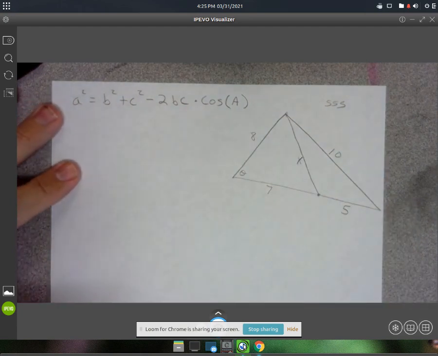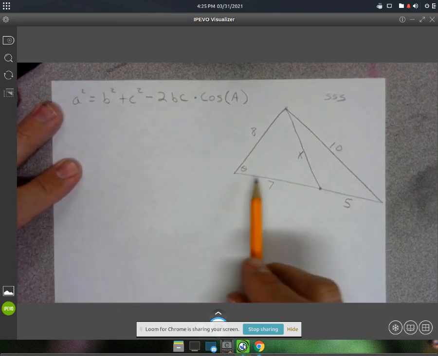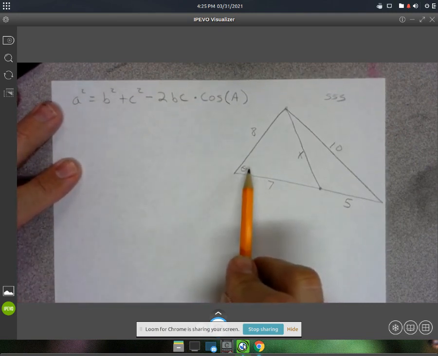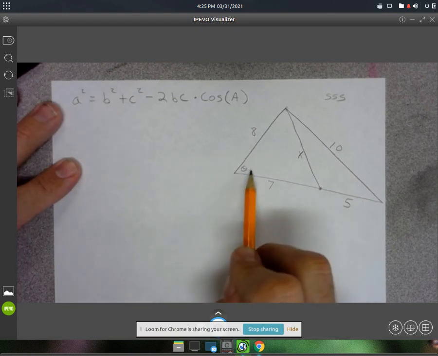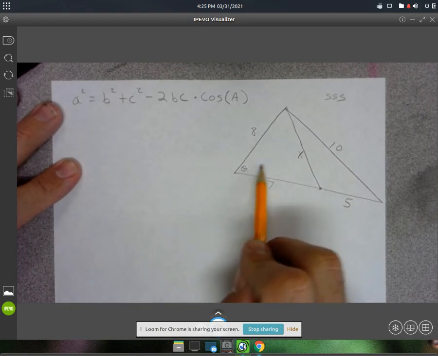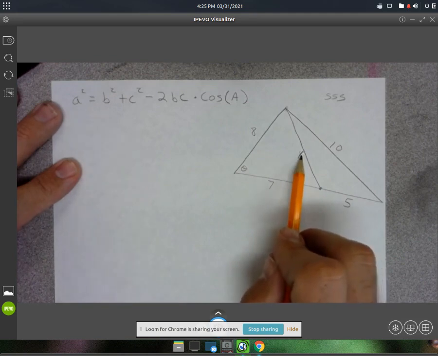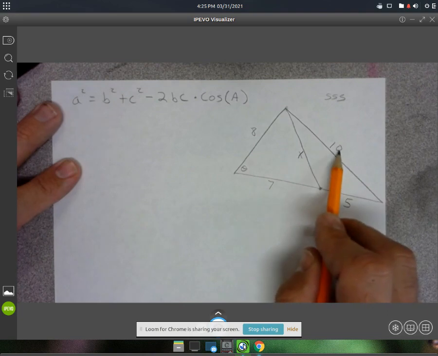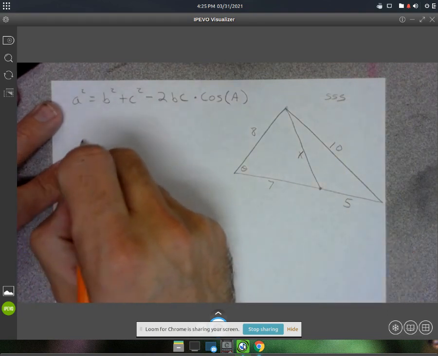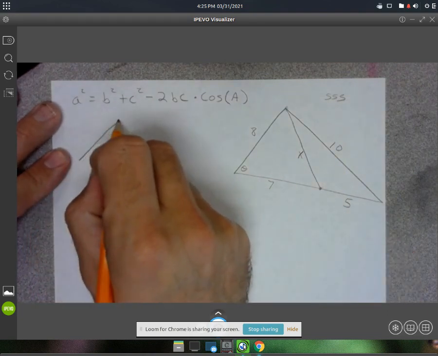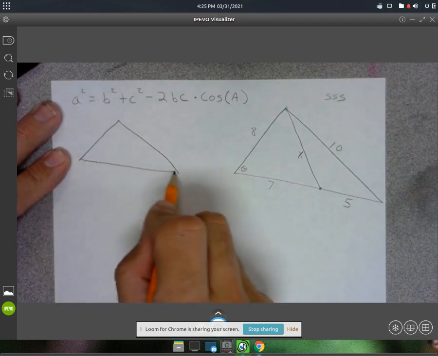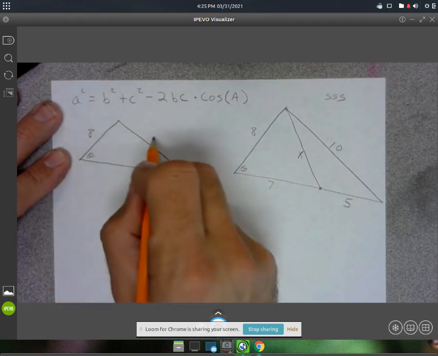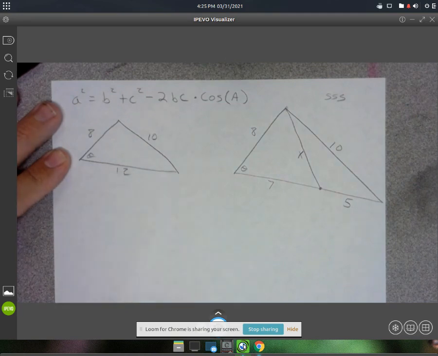So we're looking for this angle. Let's try to find that angle. It is across from the x, but I don't know the x. But it's also across from this big 10. So for that overall triangle, I've got 8, 10, and 12.